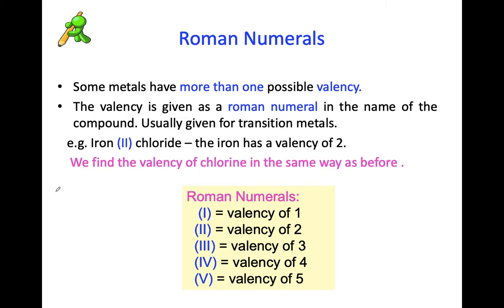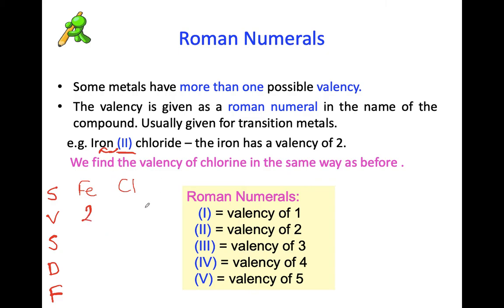We would use the same method, SVSDF. Our symbol for iron is Fe and the symbol for chlorine is Cl. Now this Roman numeral for 2 tells me that iron's valency is 2.